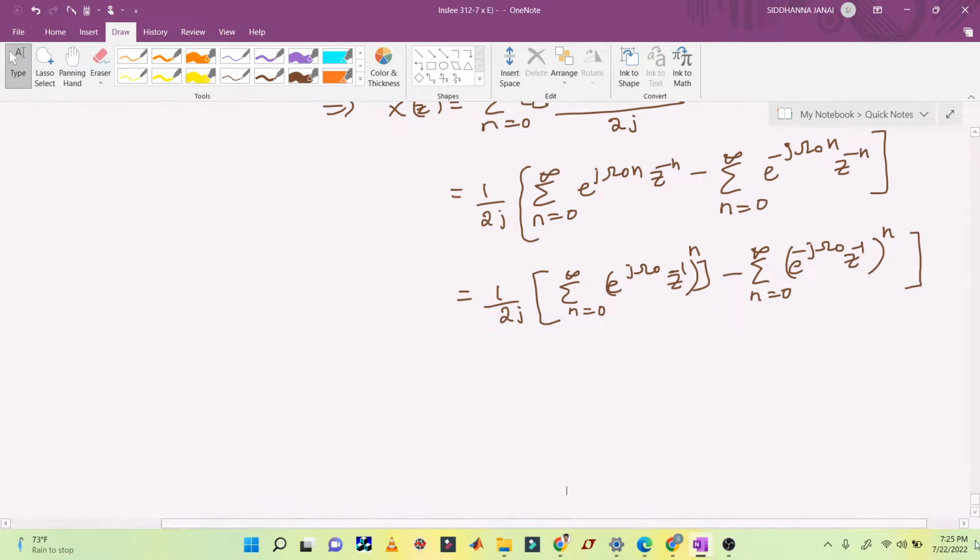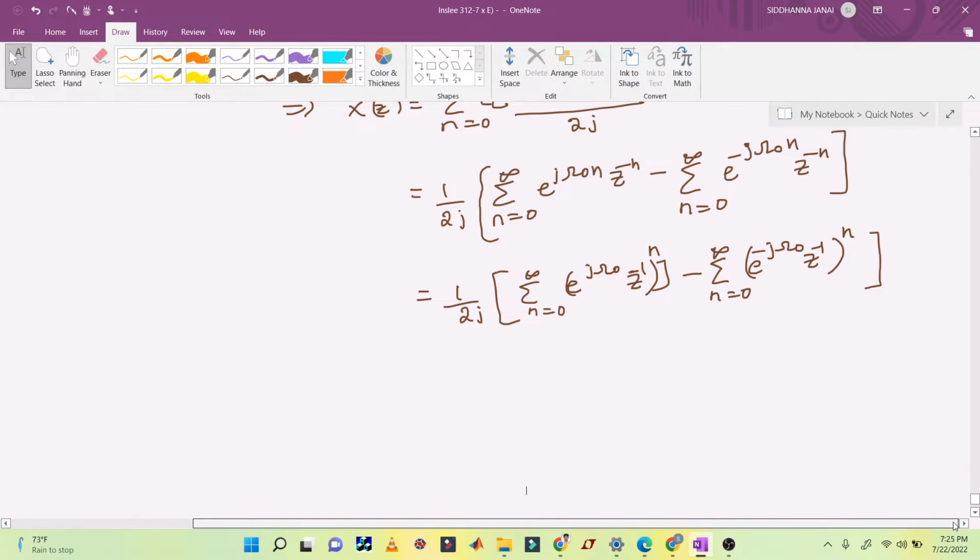Now we can clearly see that we can consider this as some term a, and this term as some term b. So it is a to the power n and b to the power n.